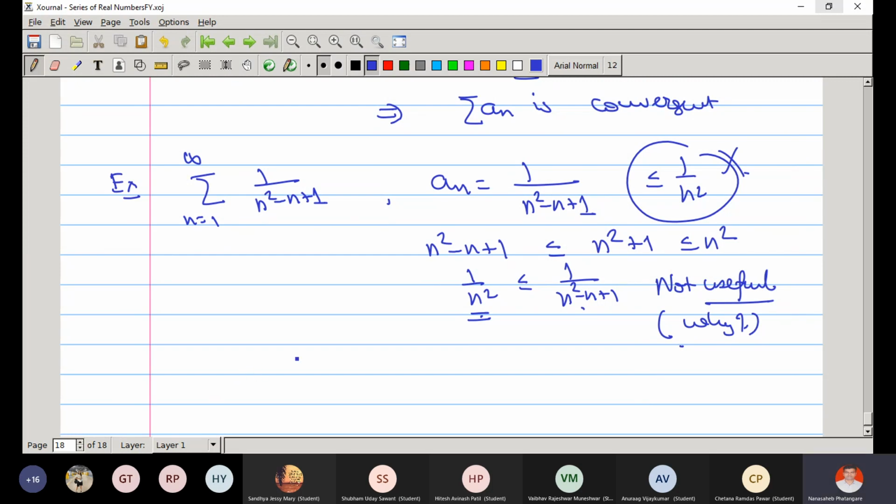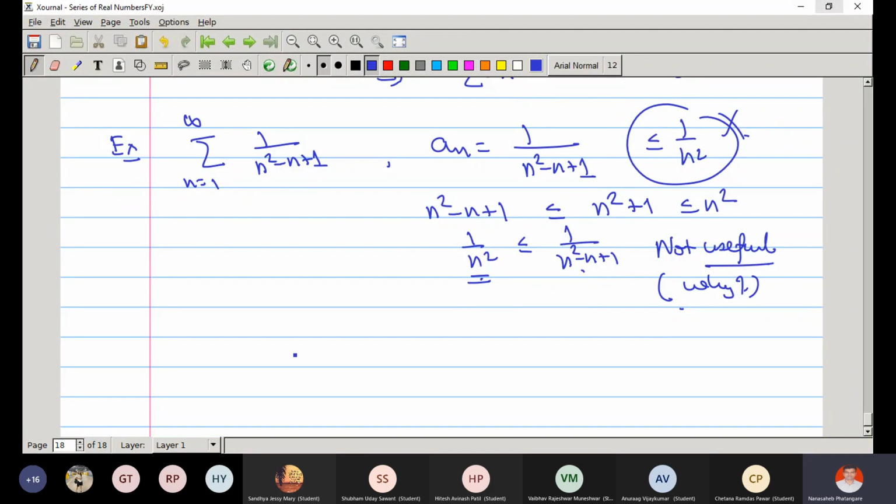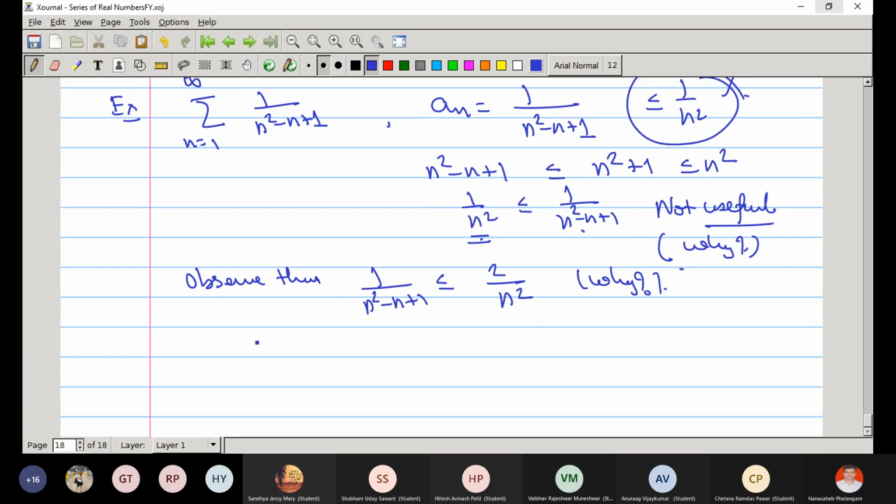So what could be another technique? Observe that 1 upon n square minus n plus 1 is less than or equal to 2 upon n square. Why? Because, just check, cross multiply: n square and 2 times n square minus n plus 1.